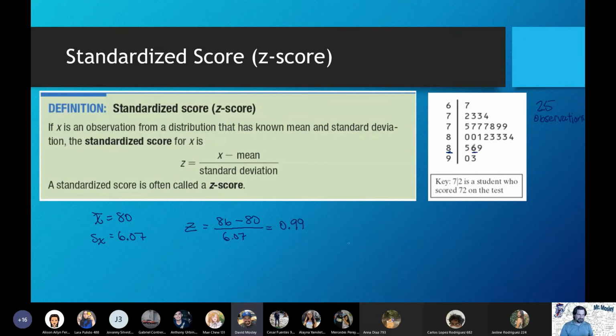That means essentially the student is 0.99 standard deviations above the mean.